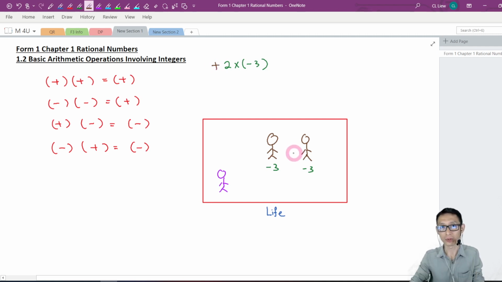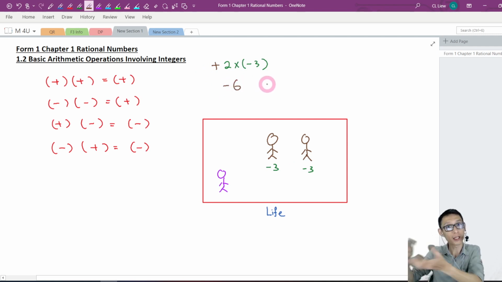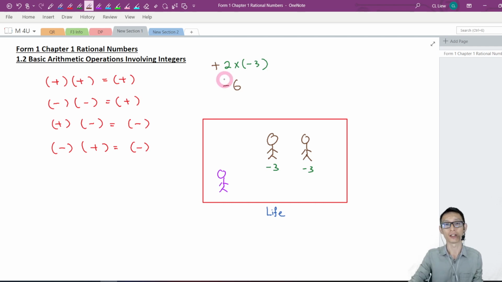Therefore, the money that you can spend is actually less, right? The value is decreasing. That's why positive, negative, you will get a negative answer. Now you have 6 ringgit less because you need to pay them 6 ringgit. So the money that you own will become 6 ringgit less compared with before. That's why positive, negative will give us a negative answer.